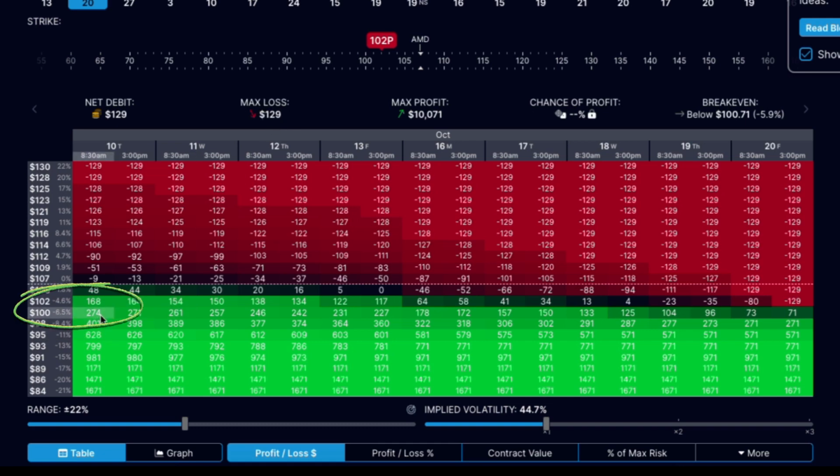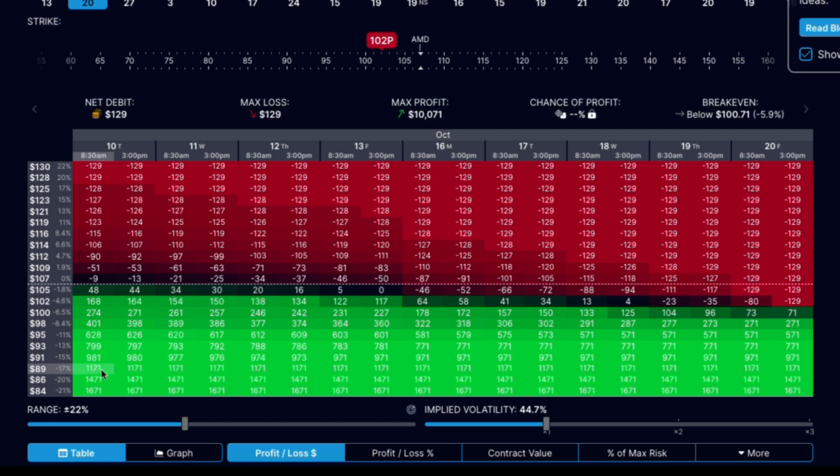So that's basically almost double. And as it goes further down, as you can see, if AMD really goes down to 90, you're going to make 1,000 bucks. You just spent 129 and you made 1,000 bucks. So that's the advantage of buying a put.